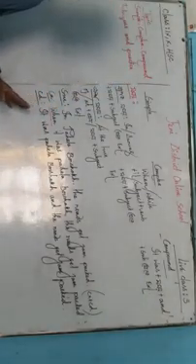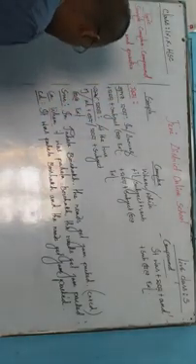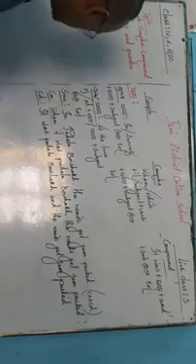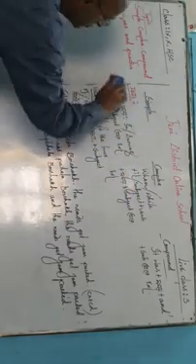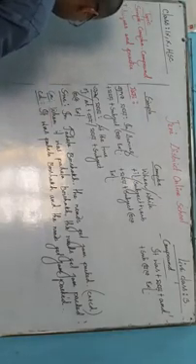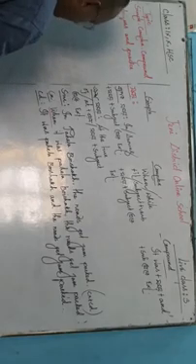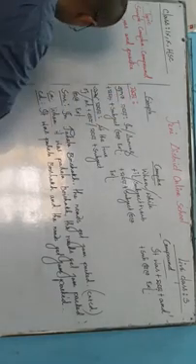You will write down just "it was plus time" and then the rest part of the sentence. So we have completed another rule, and then we come to our next rule.